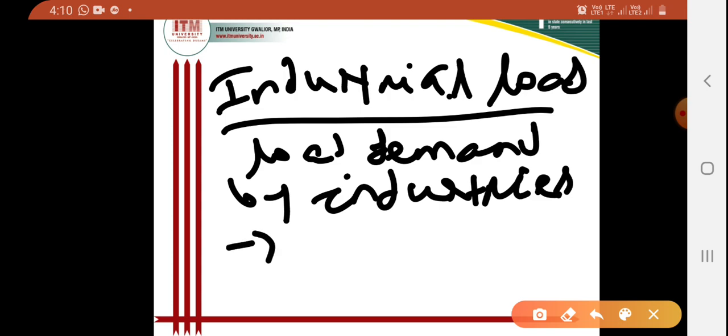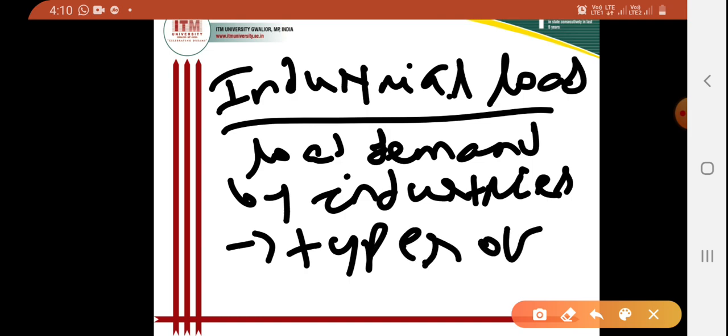The magnitude of load will depend upon the type of industry it is.